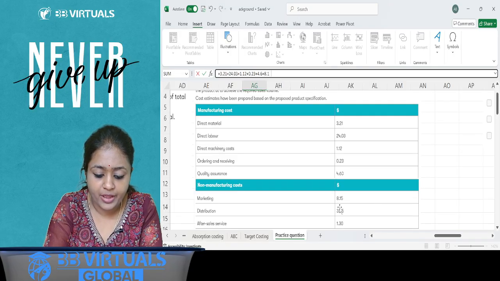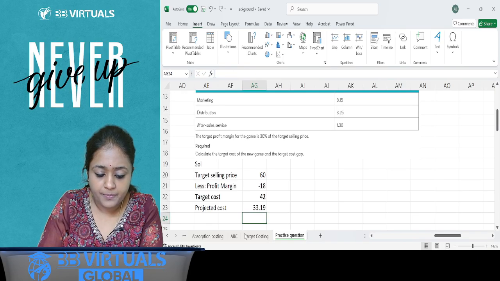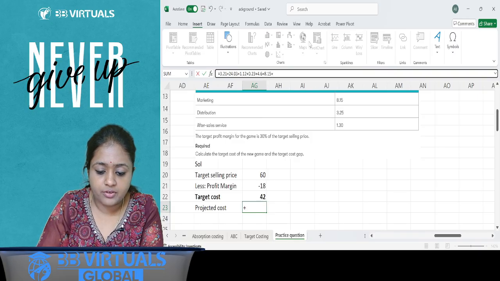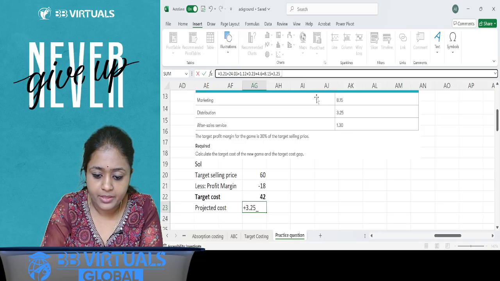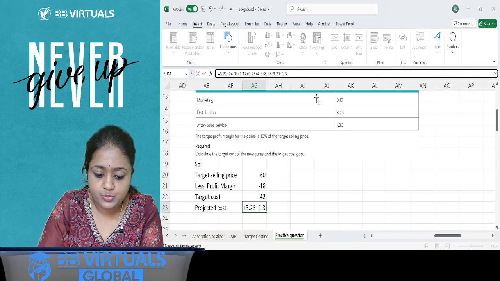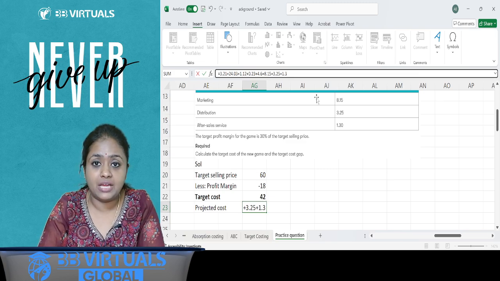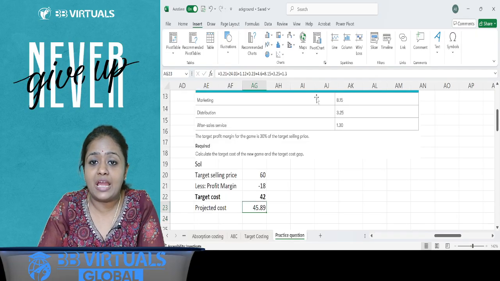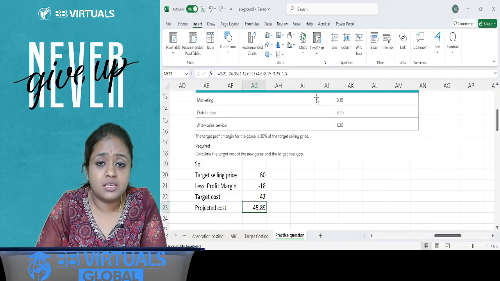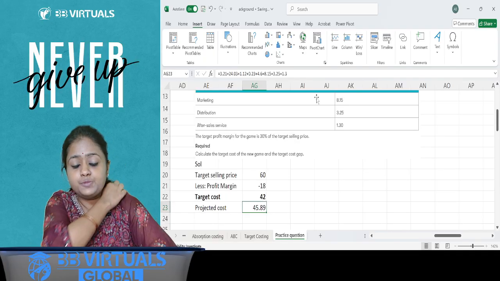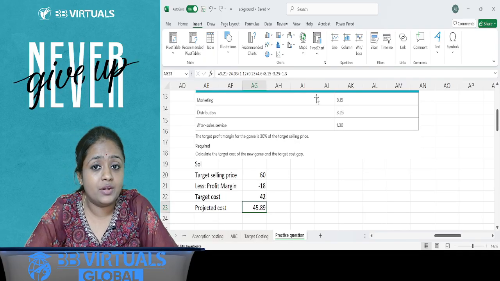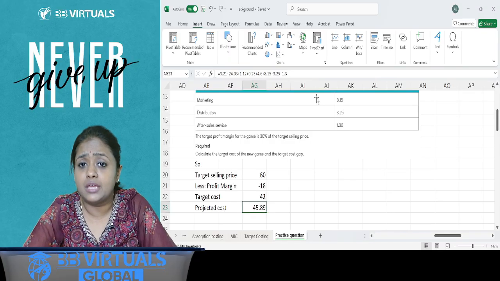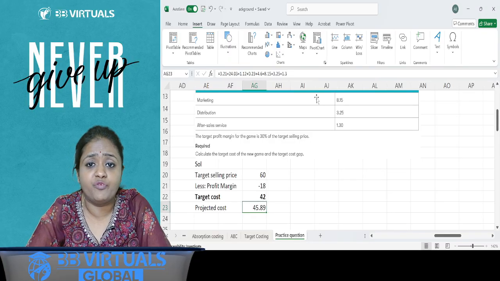Marketing is 8.15, distribution is 3.25 and after sales service is 1.3. See, ultimately when I calculate target cost, I have to make room for all the costs that would come for this product. So it is coming as 45.89. That ideally the projected cost is that for this product you would have a cost by doing everything: after sale, marketing, distribution, ordering, direct material, direct cost, overheads, it's coming out to be 45.89.